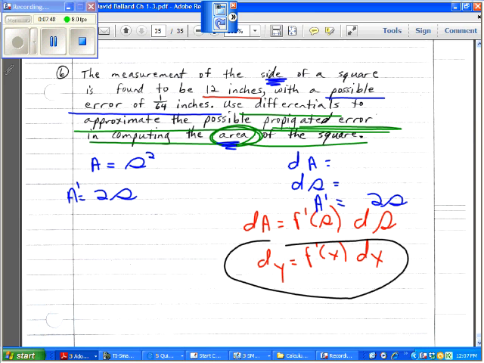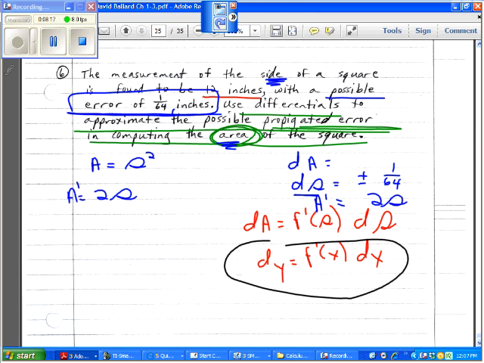What is ds? ds is the error in the side, correct? How much allowable error was there in the side? 1/64 of an inch. Now it could be too much or it could be not enough. So plus or minus 1/64 is the amount of error in the calculation of the side.